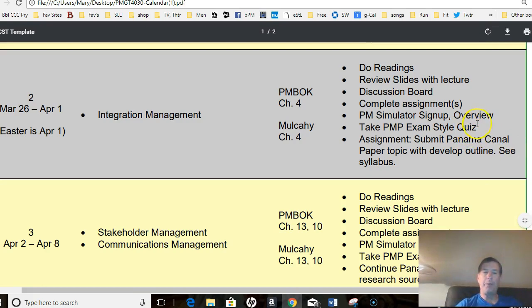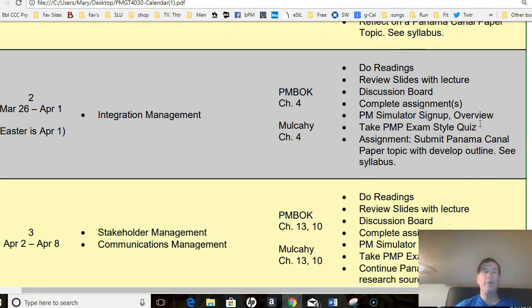Now, week 3, we're getting into stakeholder and communications management. You'll note in the readings, you go to chapter 13 of the PMBOK guide and then chapter 10. I do this on purpose because most of what you do as a project manager is communications. And stakeholders define your requirements, your assumptions, your quality standards, your constraints, your risks, so much about the project.